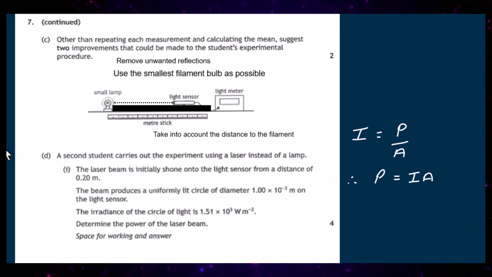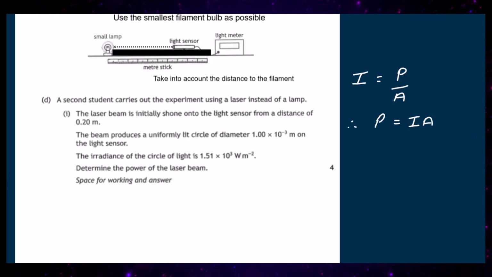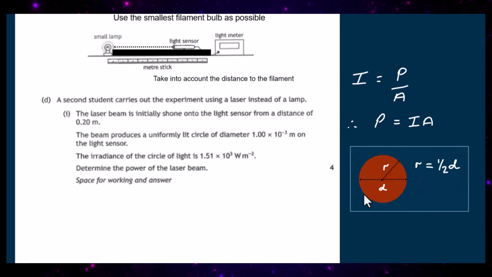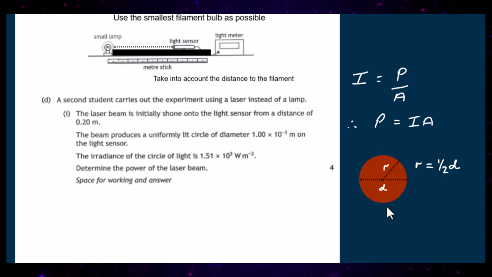So if we take a snapshot of the beam or see it on the wall, it's going to be like that. There's the red area of the laser beam. It's really exaggerated for clarity here. Now we know that the diameter is double the radius, so the radius of the beam is half the diameter, because the area of a circle is pi r squared, so we can work out the area. The area is pi times r squared.